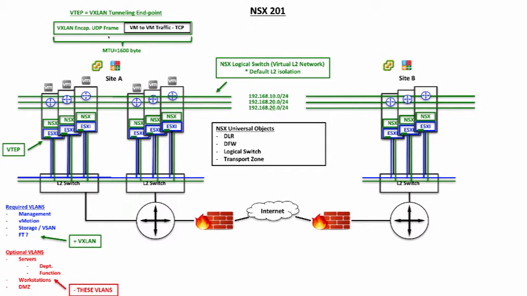So now NSX and SRM are very tightly coupled, where we can take the virtual machine and simply bring it up on the same network at the destination site that it was on at the primary site. So it gives us a lot of capabilities.